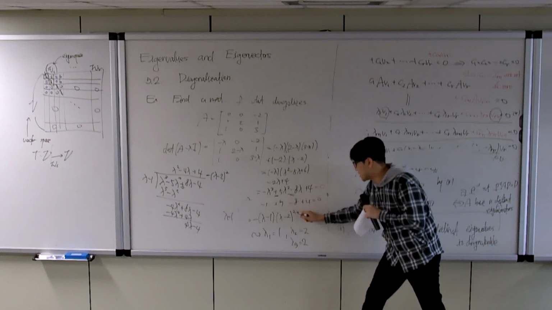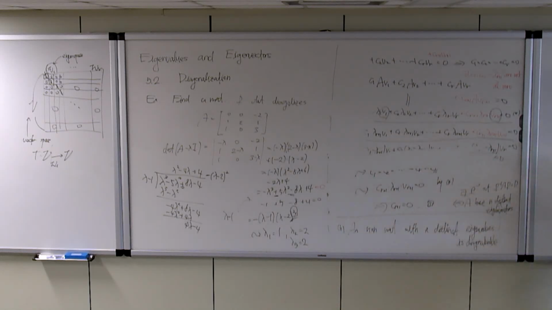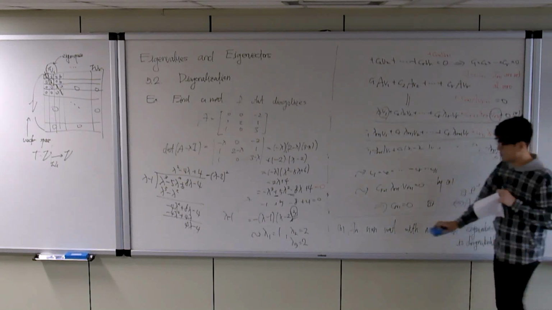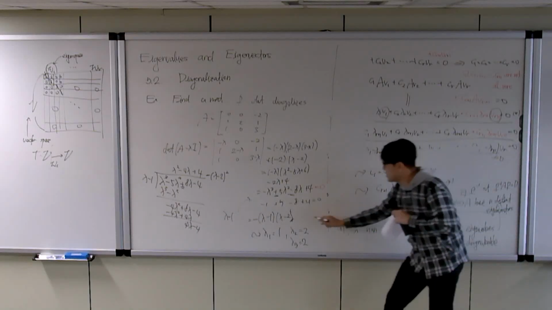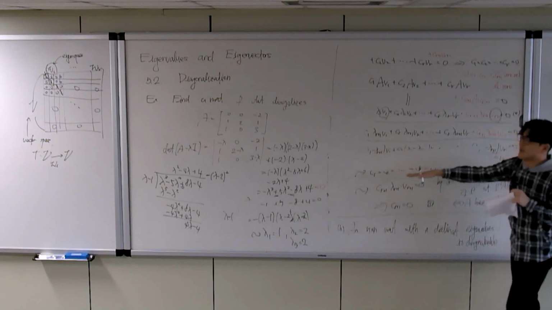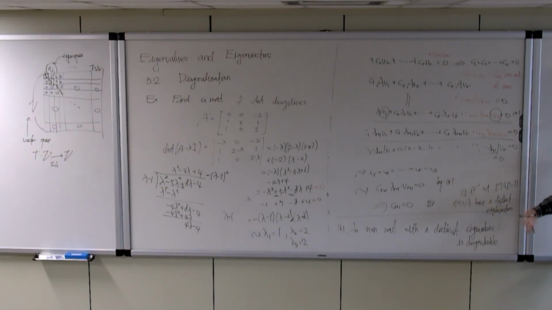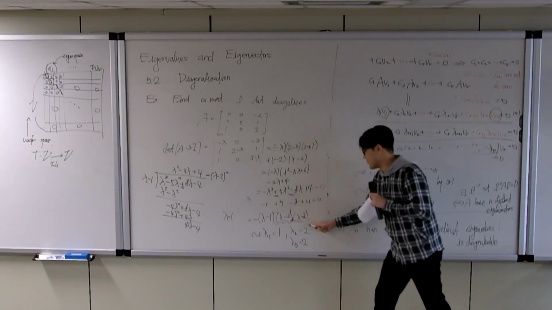The diagonalizable matrix can have the same eigenvalues, but cannot have fewer than n linearly independent eigenvectors.